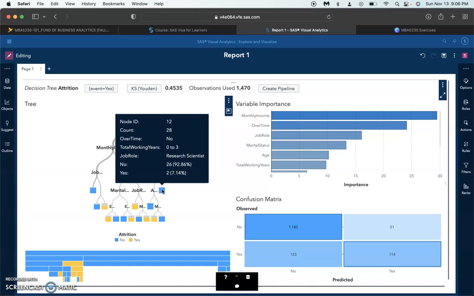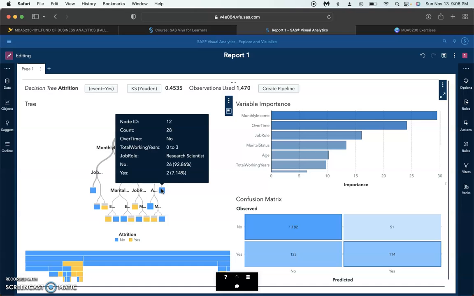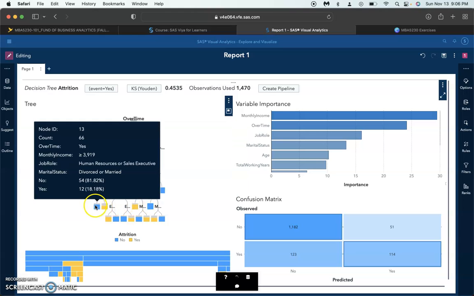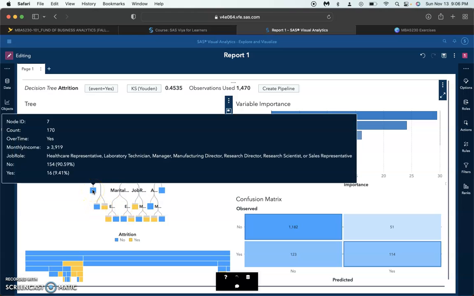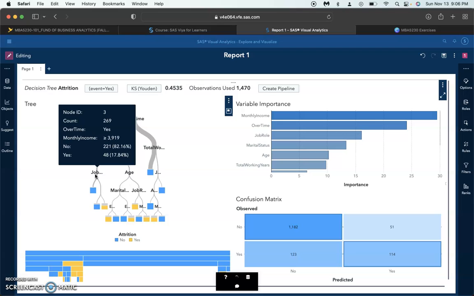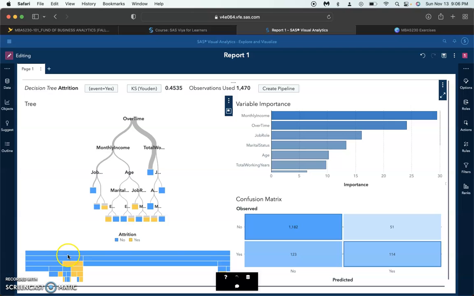And then going down to job role, you can see the yes/no answers in these bottom two bullets for all of them. So we're seeing what the relationship is between the node and then the subparts of that.